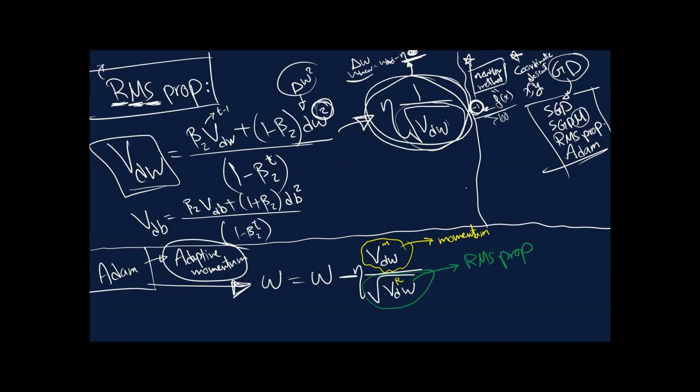But there is another detail, which is what will happen if we have VdW to be 0? Because remember, we start VdW by 0, and it could be very close to 0 at some times. So we could put a very small value that we call epsilon. It's a very small value for error basically, and we can put this very small value here in this equation as well.